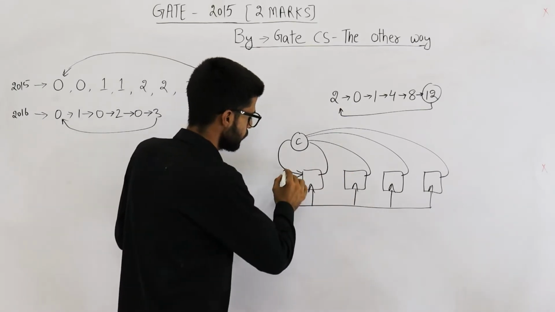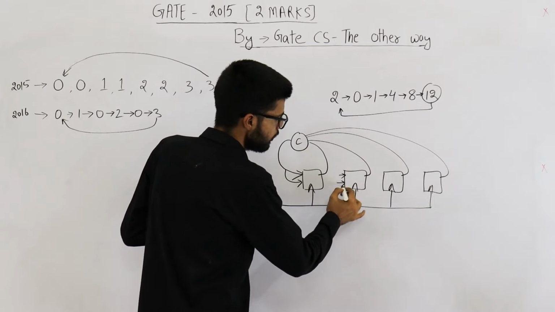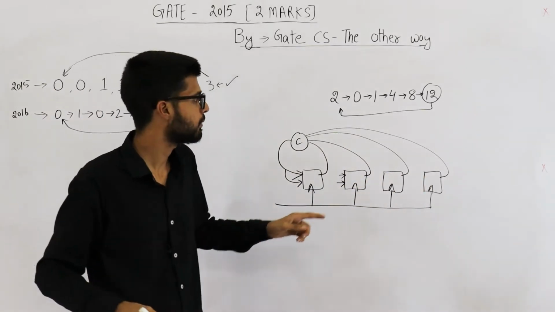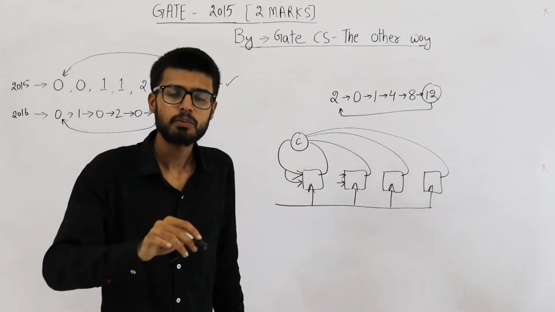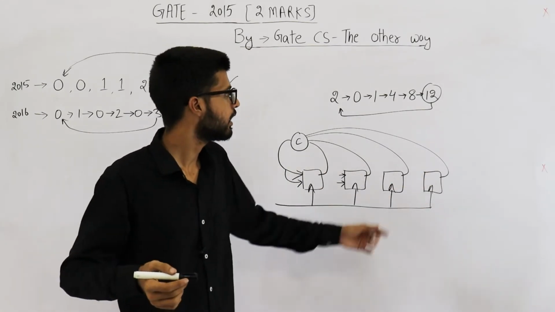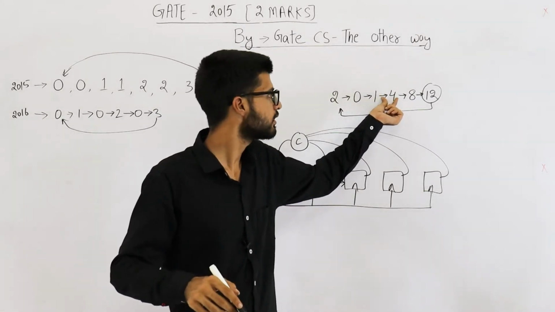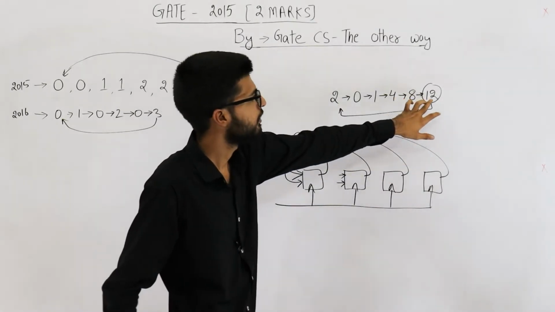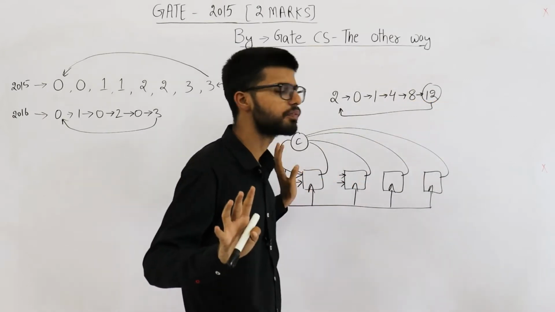So 2 inputs here, similarly 2 inputs here, 2 here and 2 here. These values of J and K will be dependent on these outputs, and they will be generated in such a way that if the current state is 1, the next state will surely be 4. If the current state is 4, the next state will be 8. The thing is, if the biggest number can be represented in 4 bits, 4 flip-flops are enough.